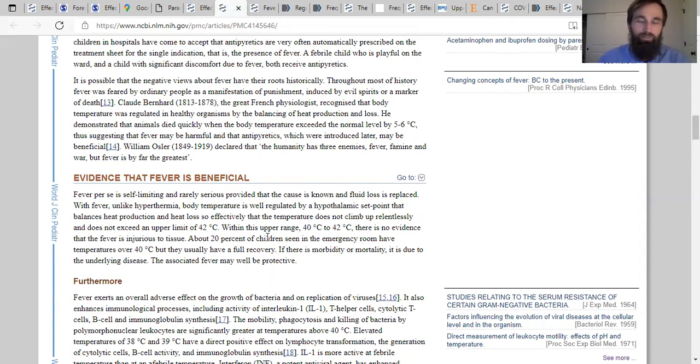Now, it's obviously going to be important, if you do have a fever, to monitor it closely and not let it get too high, where it could be causing seizures or things like that. But you can see right here with 40 to 42 degrees, no evidence that the fever is injurious.